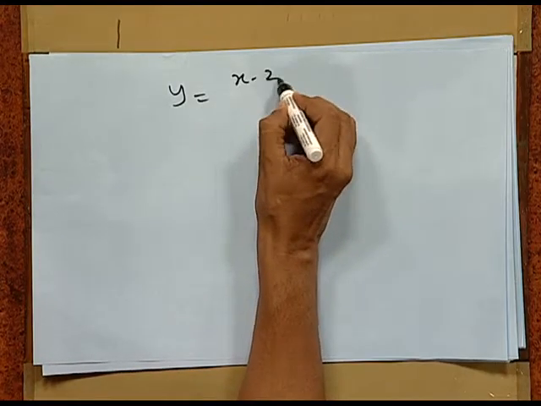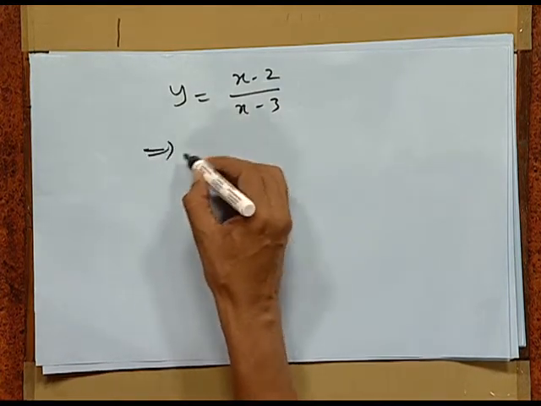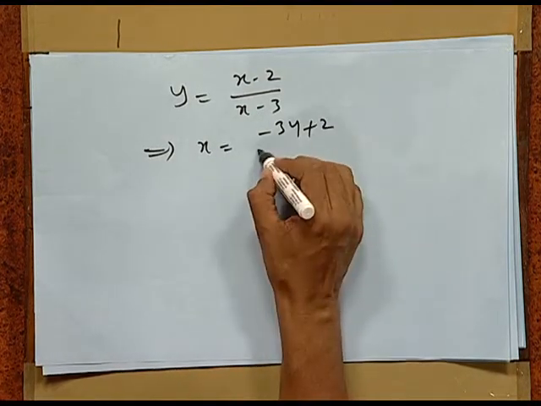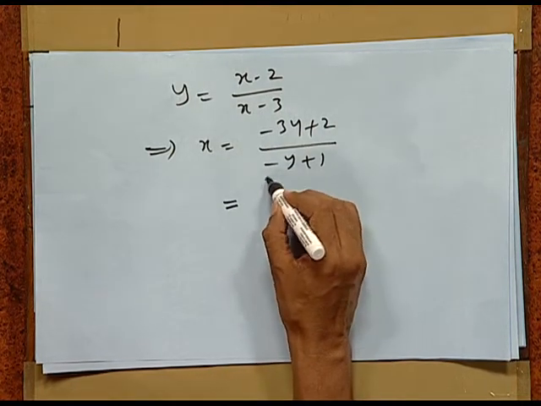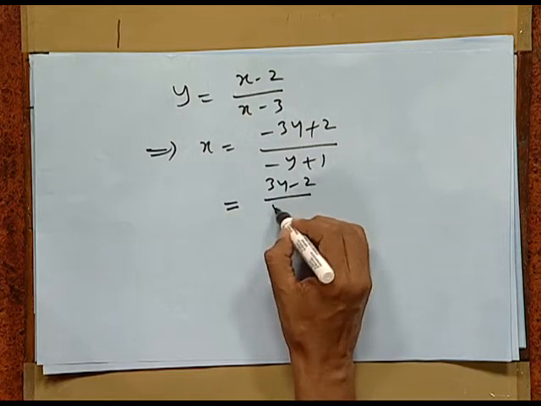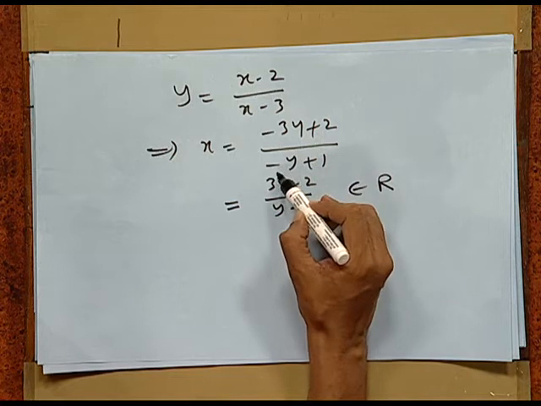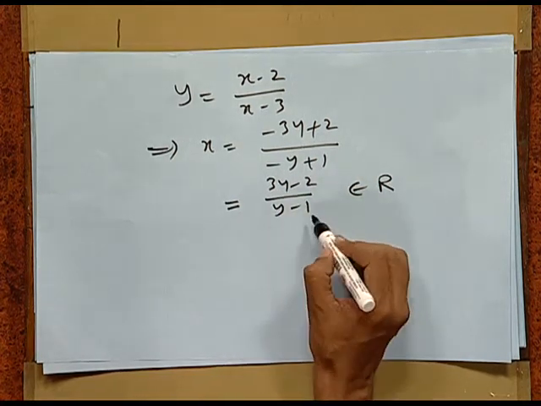So, we have y is equal to (x minus 2) upon (x minus 3). This implies x equal to (minus 3y plus 2) upon (minus y plus 1), which equals (3y minus 2) upon (y minus 1).